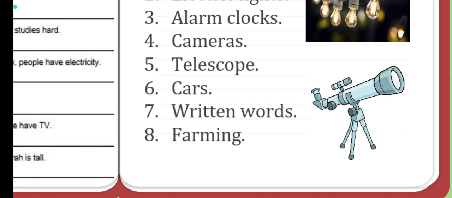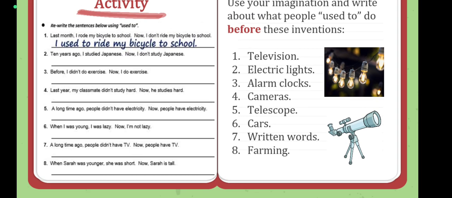You can say people used to hunt, which is cazar, or people used to eat fruits from the trees, comer fruta de los árboles, or people used to eat meat, for example, carne proveniente de la caza. Okay, that's good.